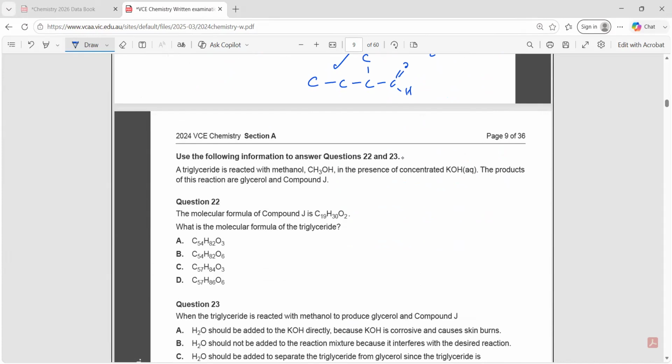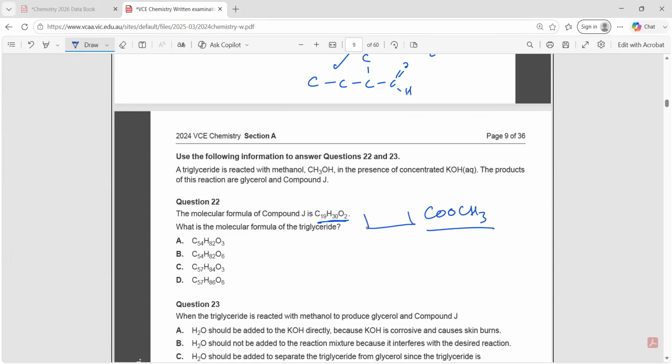Compound J. The products of this reaction are glycerol. The triglycerides, the products are, so this is just a methyl ester. It's COCH3. That's the alcohol bit.